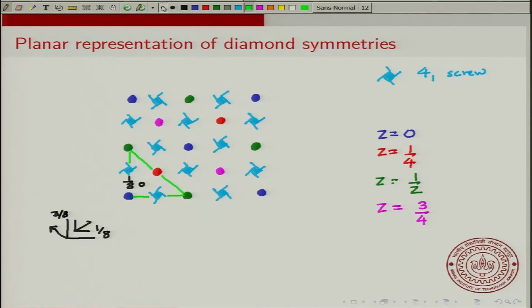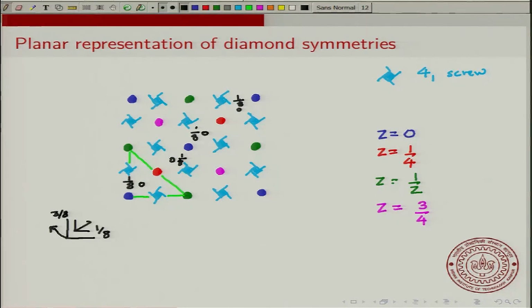So for example, you would have an inversion center between this red point and this blue point. Okay, this will be located at 3/8, or sorry, this will also be located at 1/8. You would also have inversion centers here at 1/8, and here at 1/8.